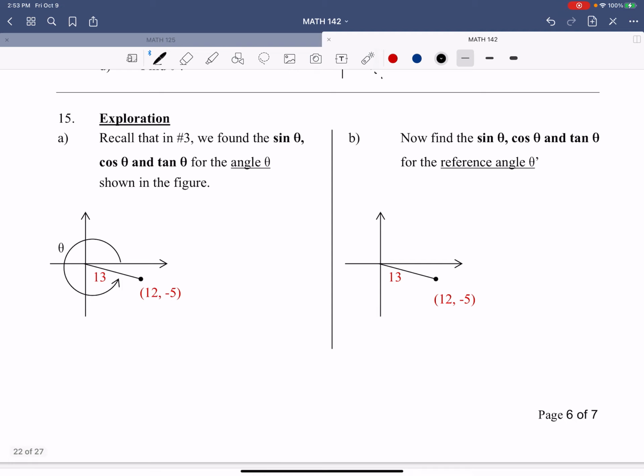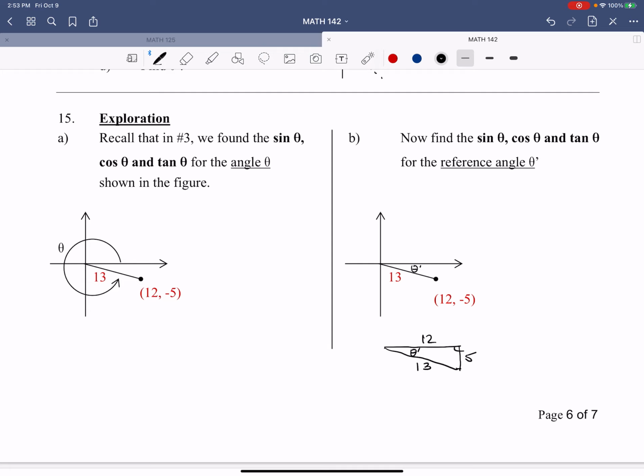Remember that way long ago, we found sine theta, cosine theta, and tangent theta for the angle shown in the figure. Now we're going to find sine, cosine, and tangent for the reference angle. So for this angle right here, I'm going to draw a triangle. That's my right angle right there. I know that this is 12, this is 5, and this is 13.